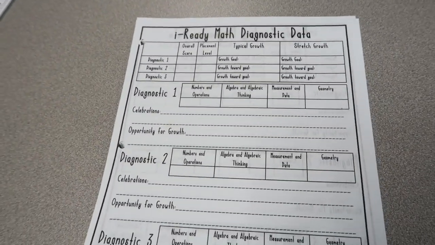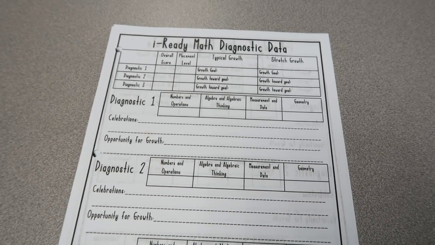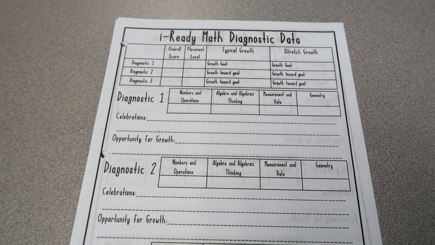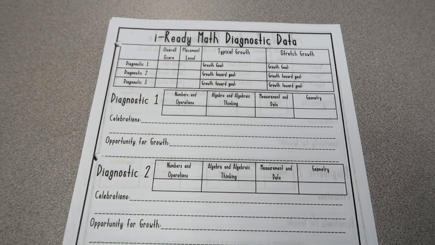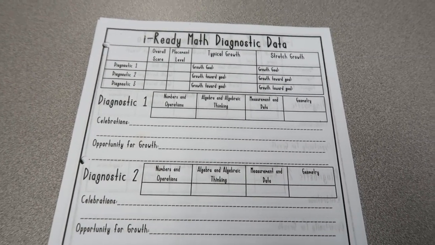So I have quite a bit of work to do once they finish their diagnostics, but that's okay. Actually, now that I'm thinking out loud, I was going to print out their iReady PDF from their diagnostic scores.